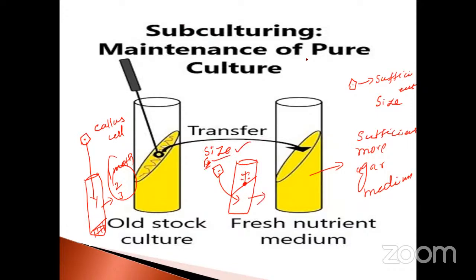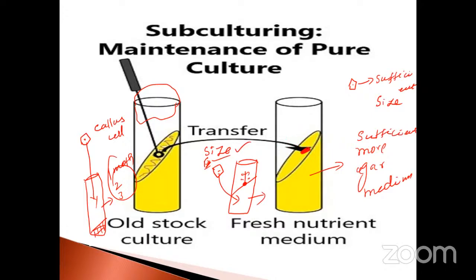So, subculture maintains the pure culture. This is considered the mother culture. Using a needle, you take the culture and transfer it to the fresh nutrient medium.